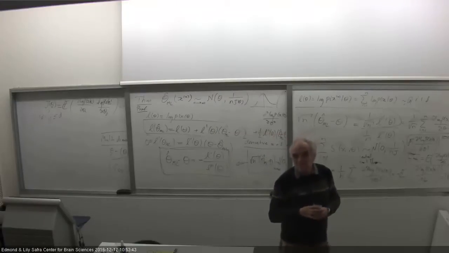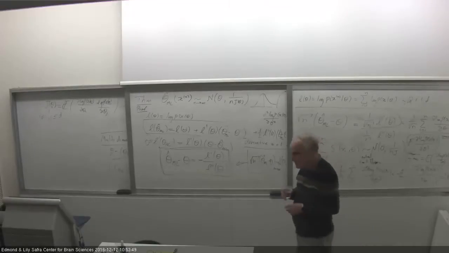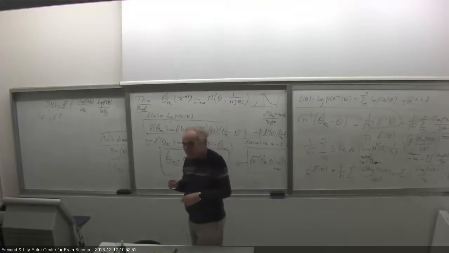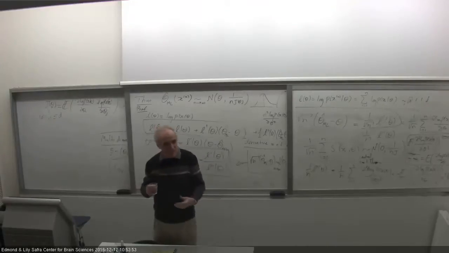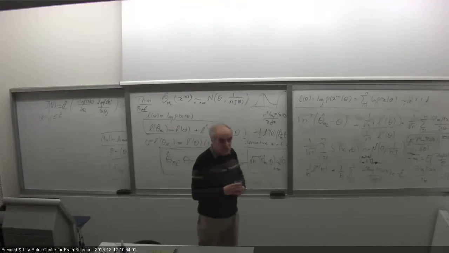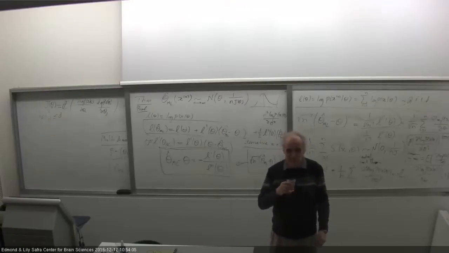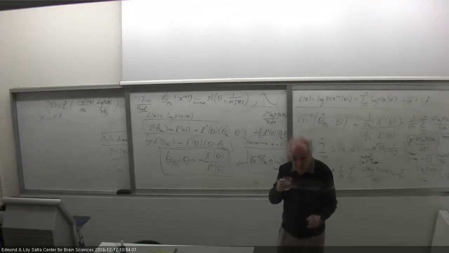It's very practical in some sense, but it's boring as far as I'm concerned, all these confidence intervals and so on. I asked you to read it because I think you should know it, but I'm not going to talk about it. Instead, I'm going to talk about sufficiency and information and the role of information in estimation, which is actually much more interesting. Okay, and this is not in the notes.